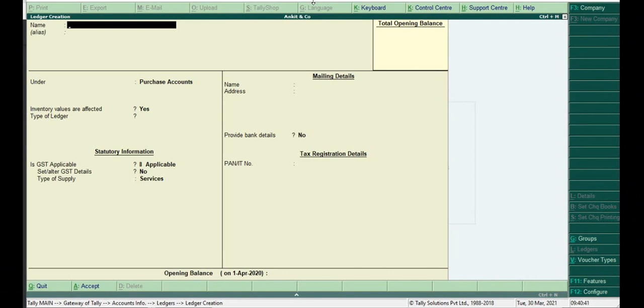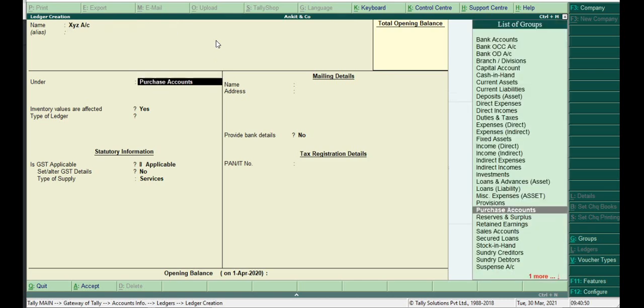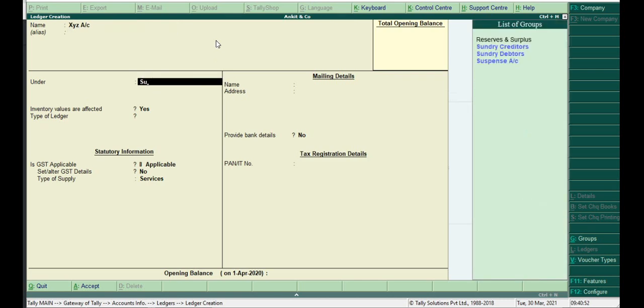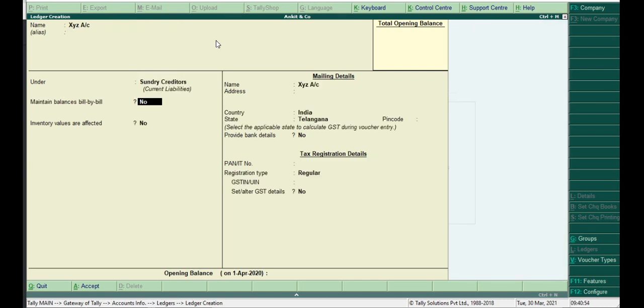I am going with XYZ account. He will be a sundry creditor. GST is a regular dealer, 36 ABCG 838 Z1 ZQ. Done.